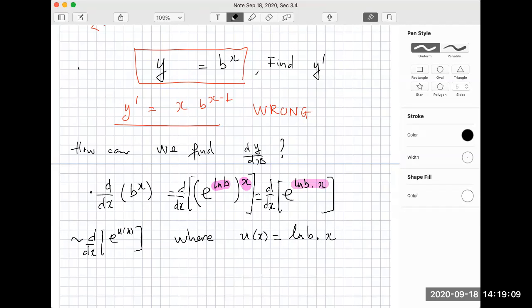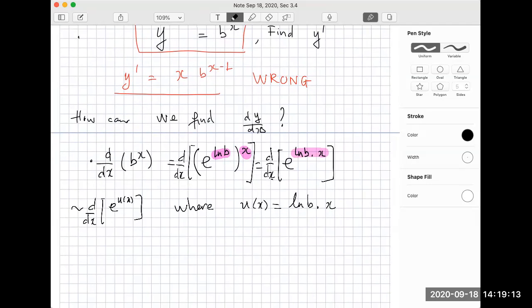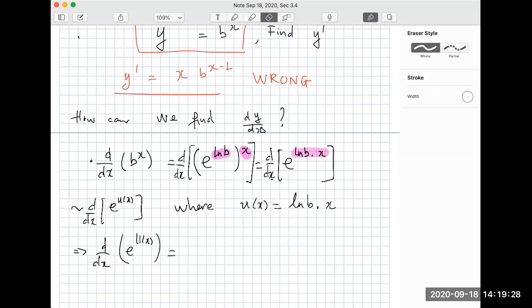So what does the chain rule tell us here? This is u.